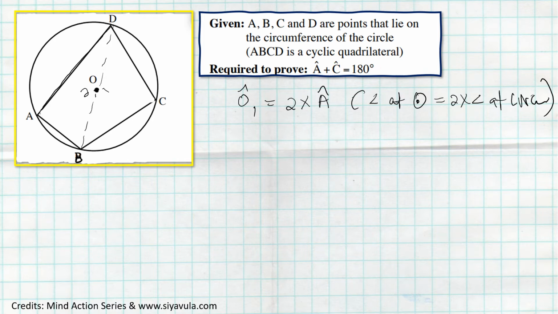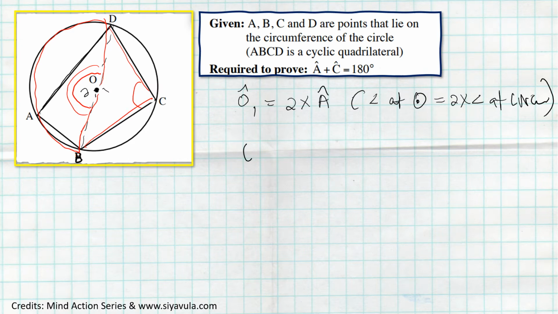If we take it the other way around, we also know that this angle here, subtended by this arc at the center, will be equal to the angle subtended at the circumference by the same arc.